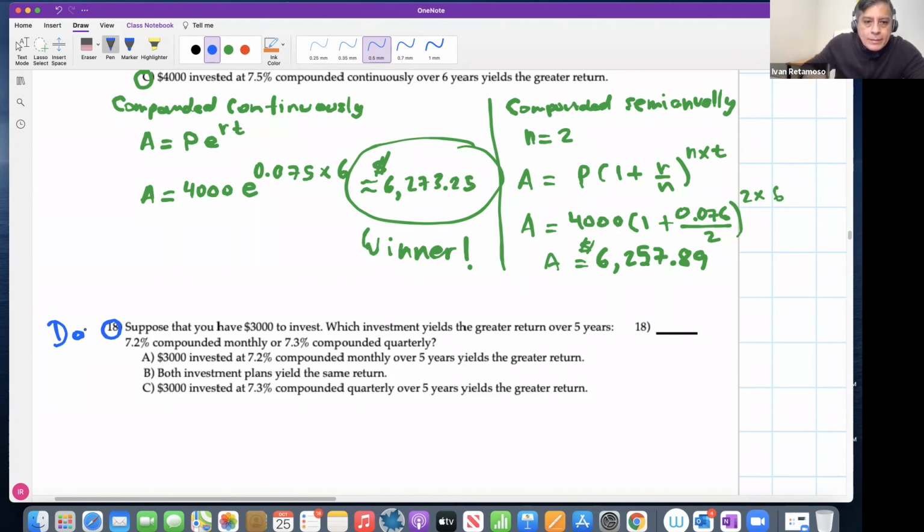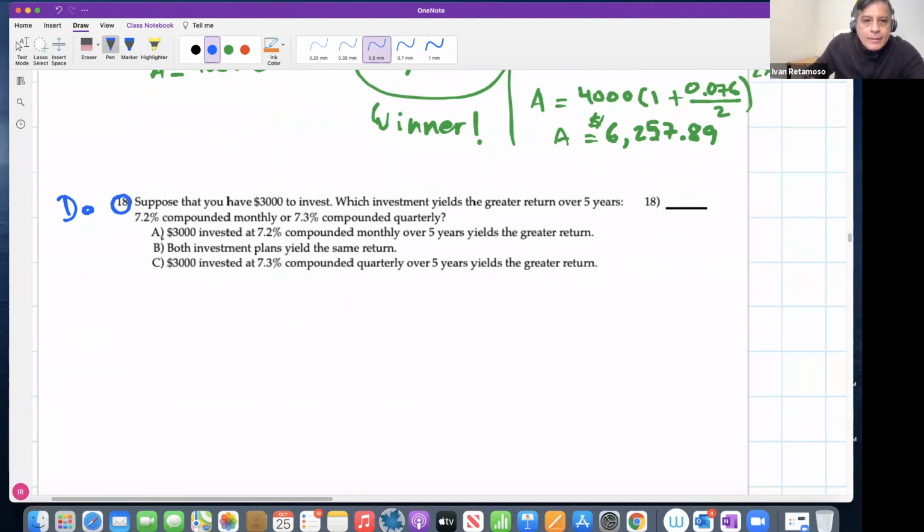Maybe I should write the formula here for these scenarios. A equals P times 1 plus R over N raised to N times T, right? And there are two scenarios, do both.